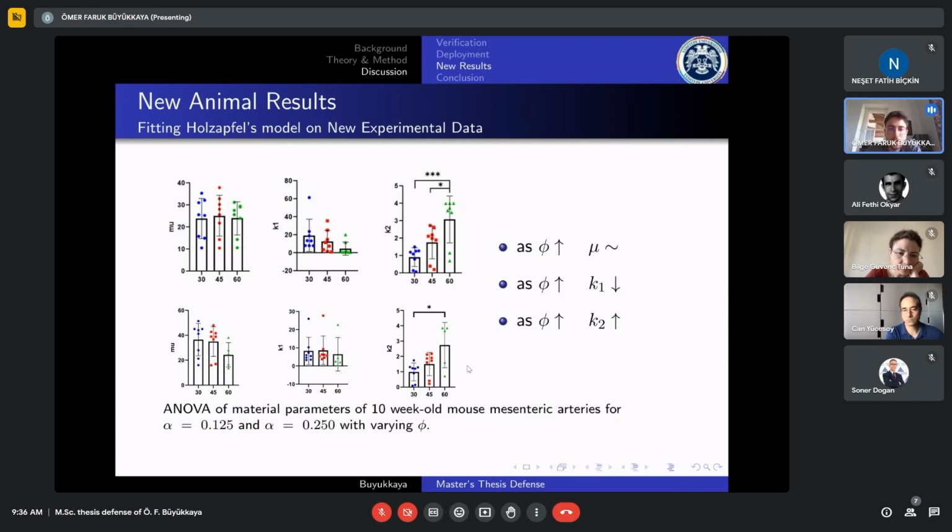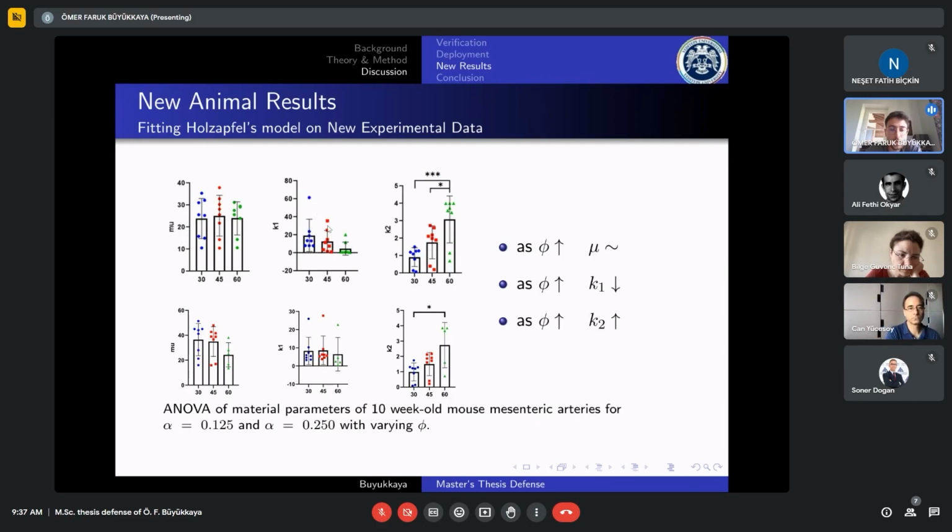Also, it's seen that the K2 parameter is very sensitive to change in fiber angles. It actually shows a statistical significance in difference. However, we cannot see such a significance in other graphs. However, this doesn't mean that there is no practical difference. Actually, we can see some diverted data points, some material parameters that are diverged from the average.